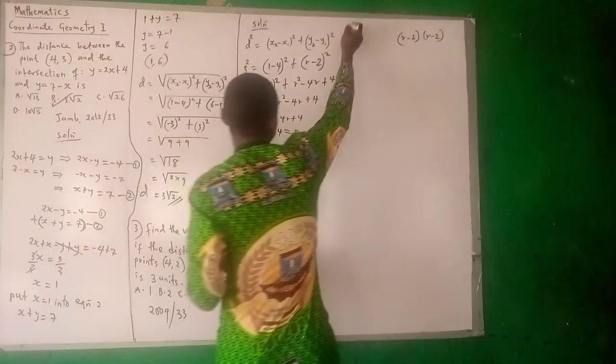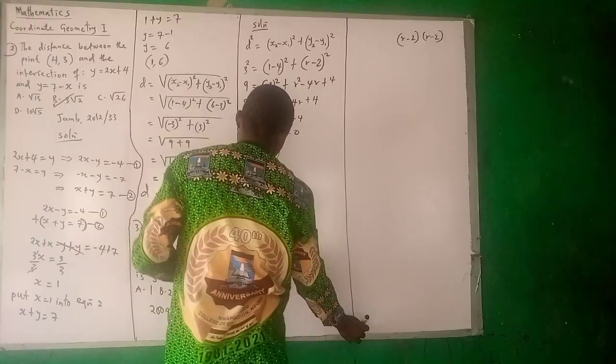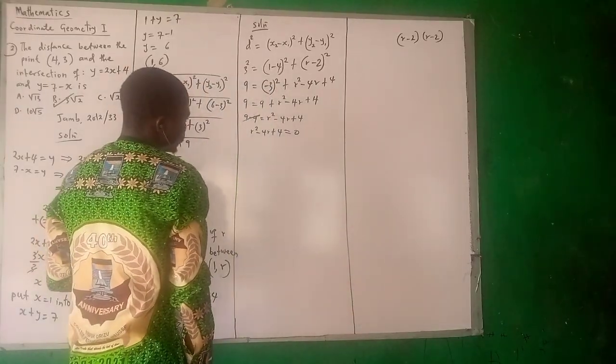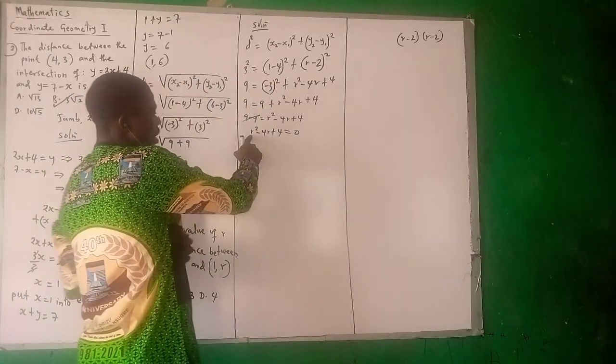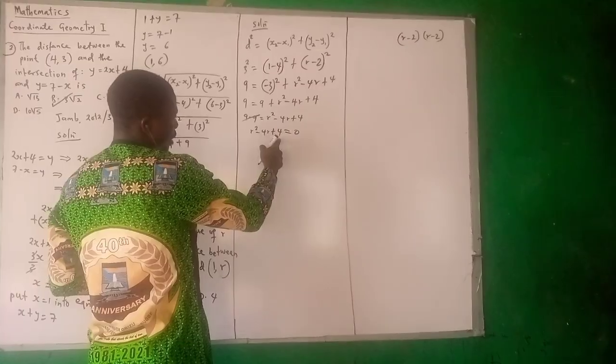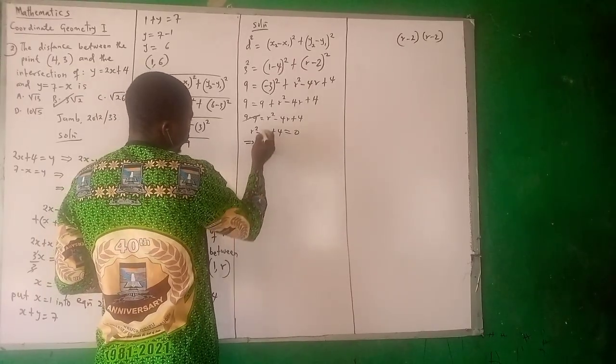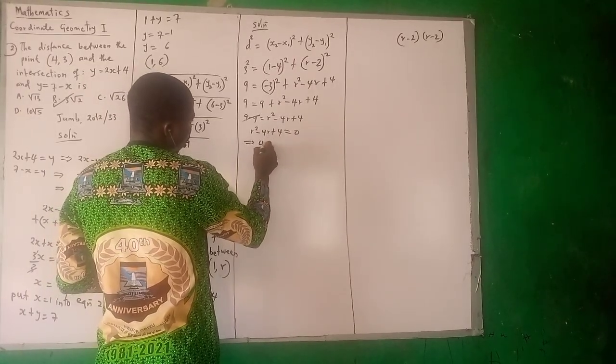A very simple way of solving this one: multiply the first term with the last term, and you get 4r squared.